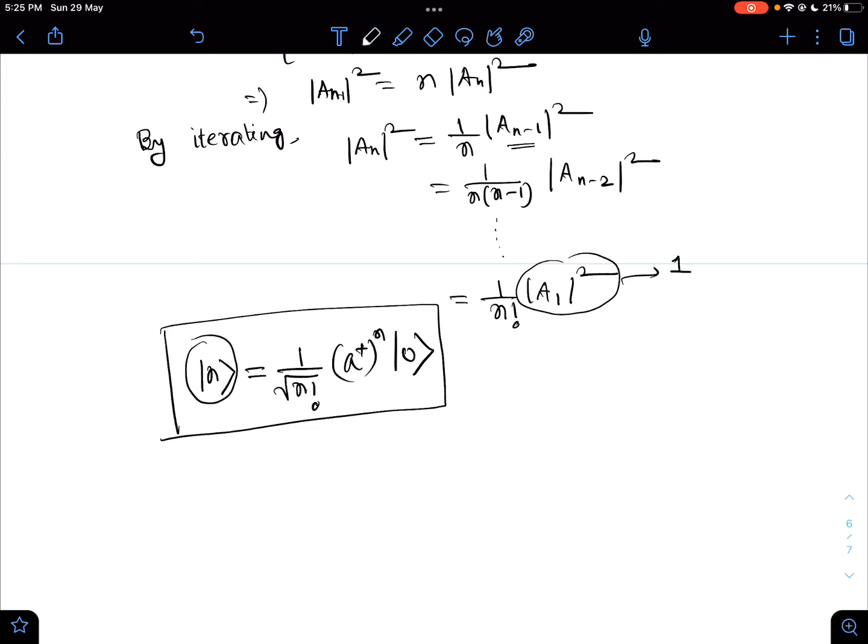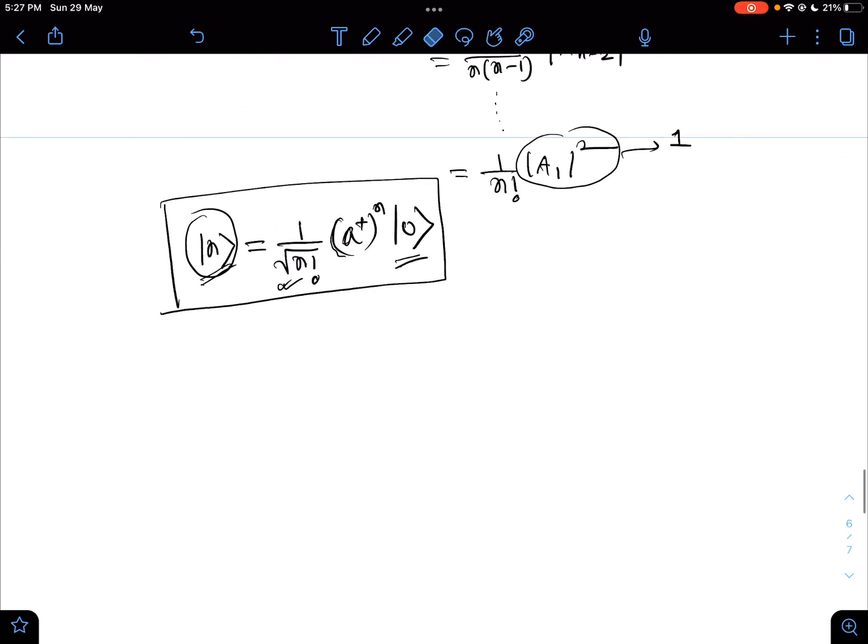This is our nth eigenstate. So if we know the ground state, and if we apply this raising operator on the ground state, we can get any excited state with its proper normalization factor.